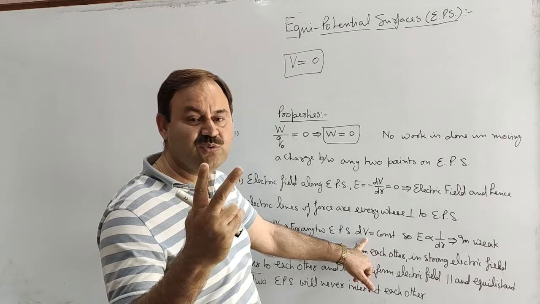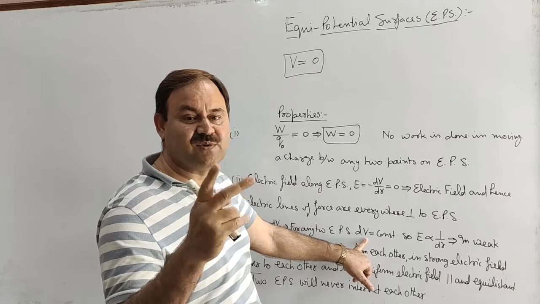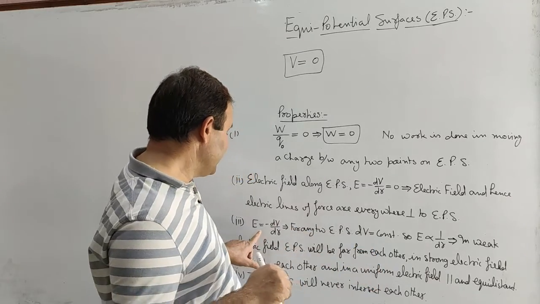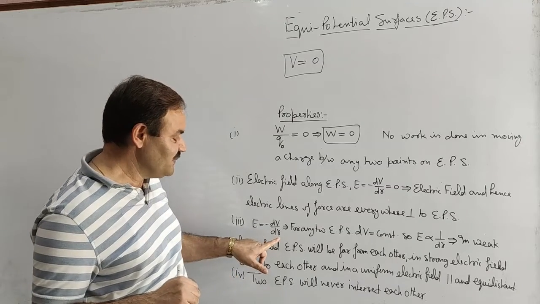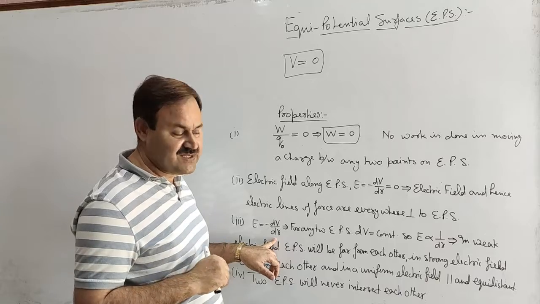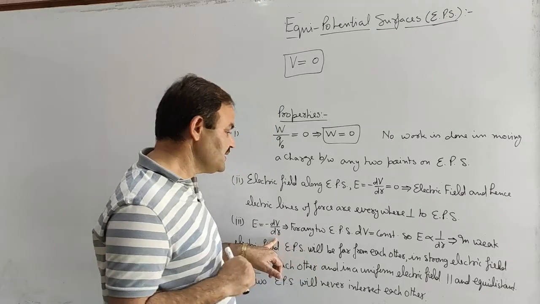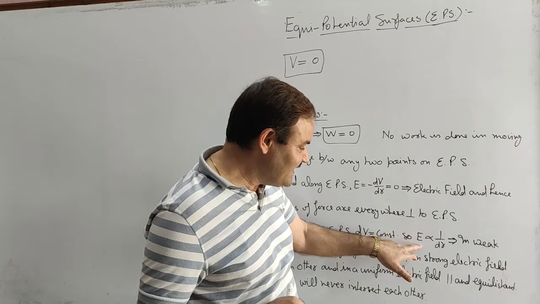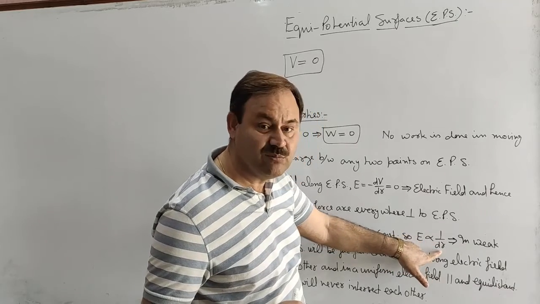Hence if dV is constant, then electric field will be inversely proportional to the separation between the surfaces, and hence in weak electric field, when E is less, dr will be more.